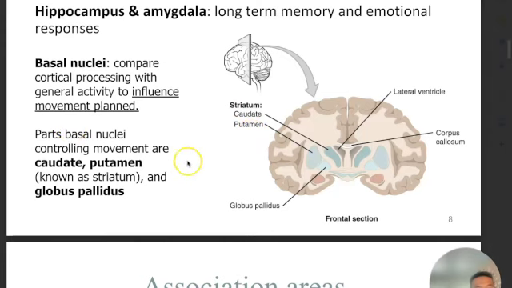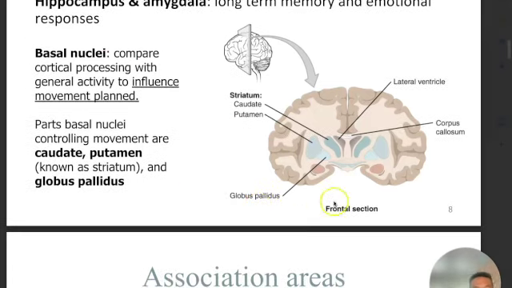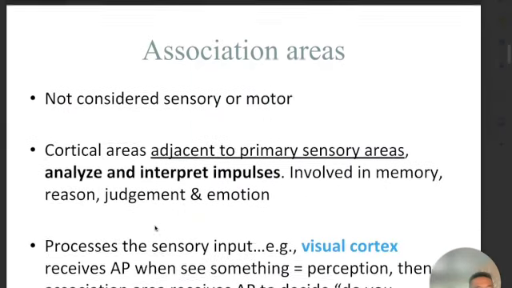The basal nuclei, we're going to see it in several slides behind. So come back to this and you'll see when we talk about the midbrain and all that, it's all in there.